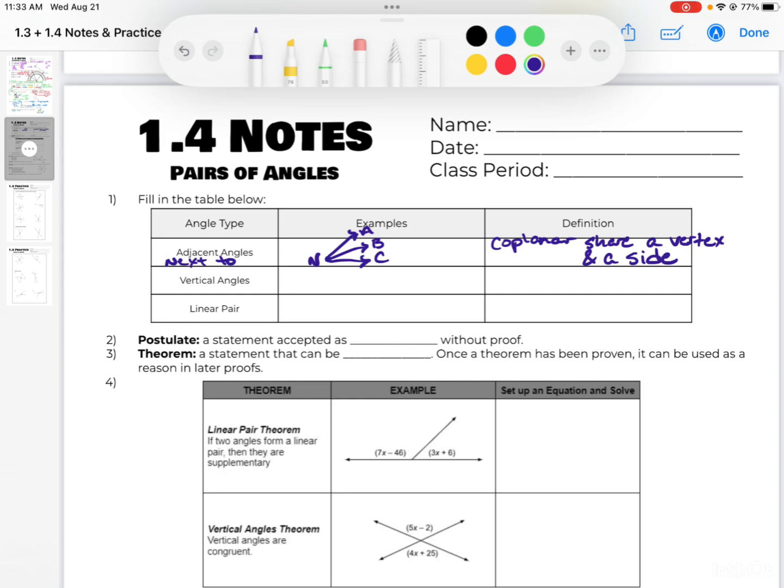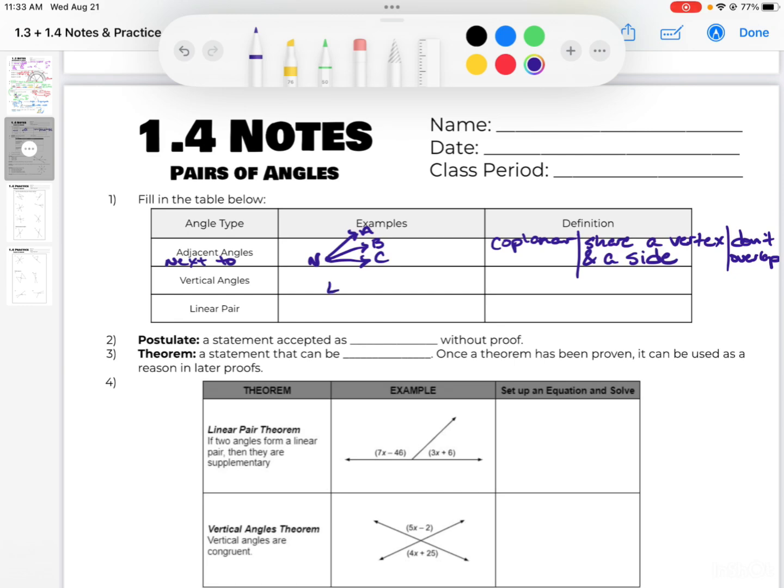That's really important. They share a vertex and a side, but they also don't overlap. And that means they don't like cover or go into each other at all. They meet at that shared side, and it's kind of like a boundary for them. They don't pass it and overlap each other. So they are coplanar, they share a vertex and a side, and they don't overlap.